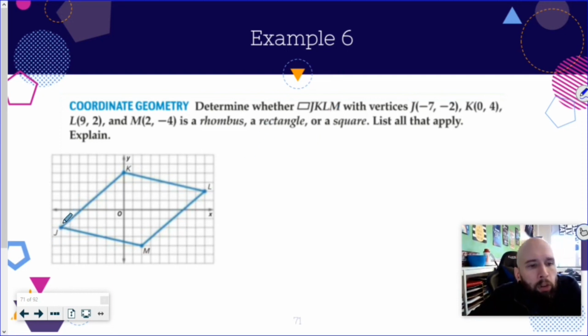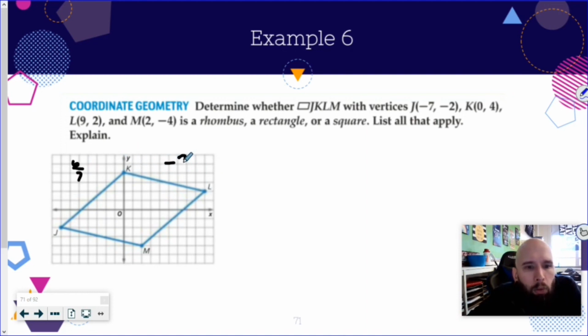So I'm going to go from J to K, up 1, 2, 3, 4, 5, 6, over 1, 2, 3, 4, 5, 6, 7. So my slope is 6 over 7. That's my slope from J to K. My slope from L to K is up 1, 2, left 1, 2, 3, 4, 5, 6, 7, 8, 9.